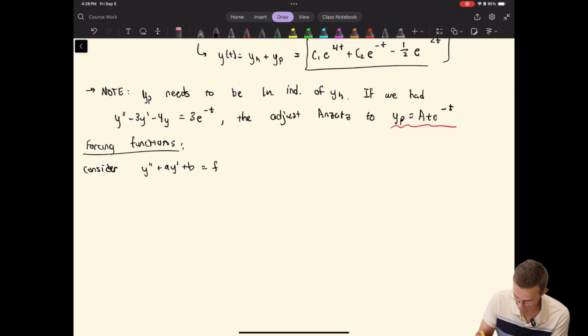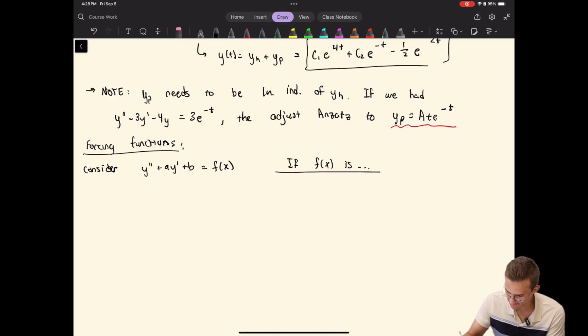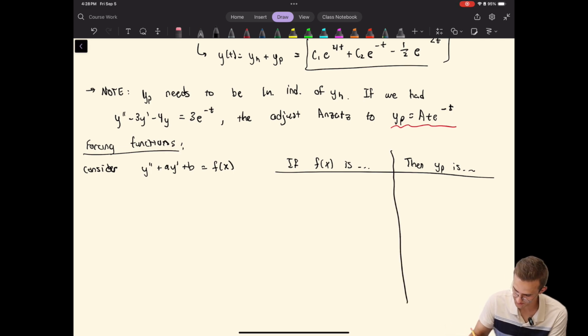If f of x is something, that's going to be one column of a table, and then the next column will be what yp is. So this is like a decision tree for which functions to use. If the function is exponential, e to the px, then yp is going to also be exponential, the same form, unless, of course, it's not linearly independent of the homogeneous solution, so keep that in mind.